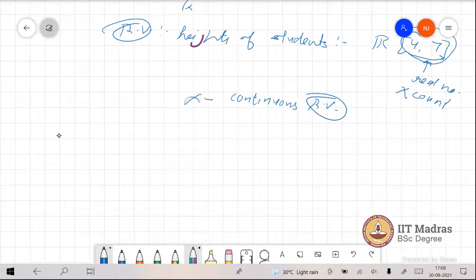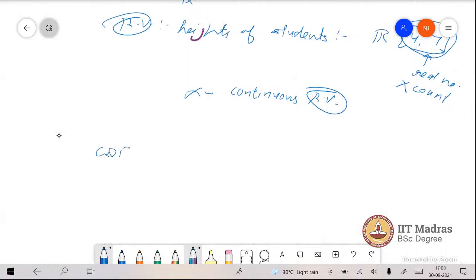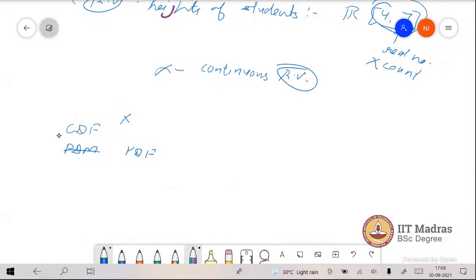First we will define the CDF of the random variable x, and then we will go to the concept of PDF. What we have done till now in the discrete random variable is define the PMF, and then go to the CDF. PMF is the probability mass function. It is the probability of each and every outcome, a function which assigns each outcome to its probability.